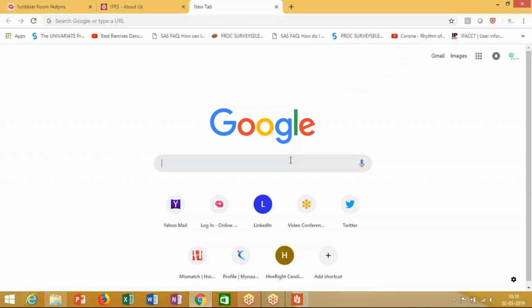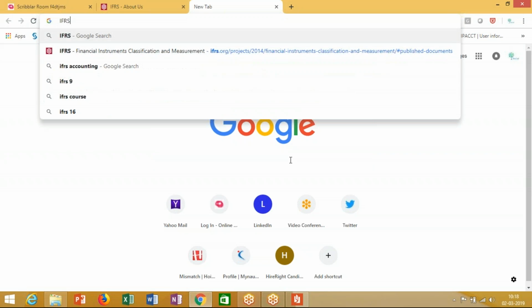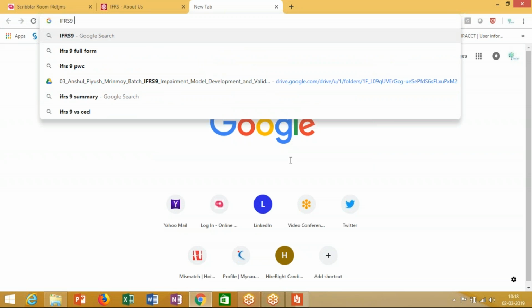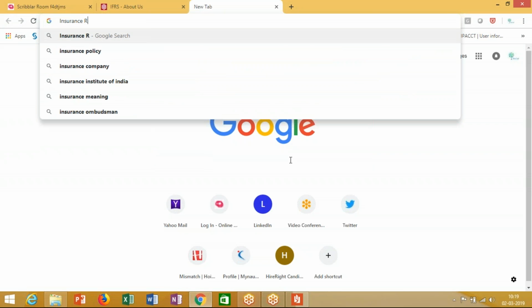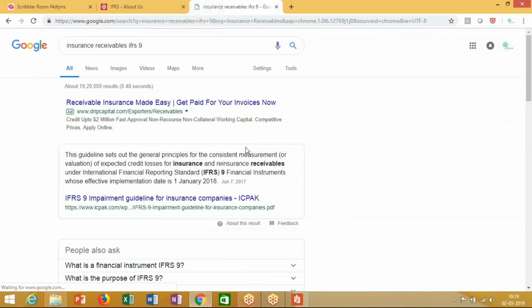Okay, so over here the next part that we have is IFRS 9 insurance receivables. Are insurance receivables a part of IFRS 9 impairment?